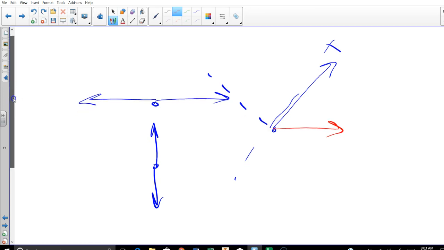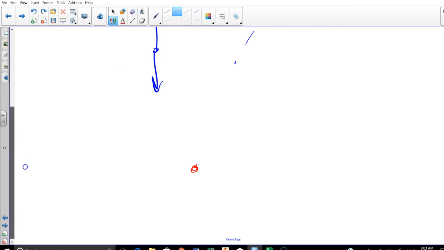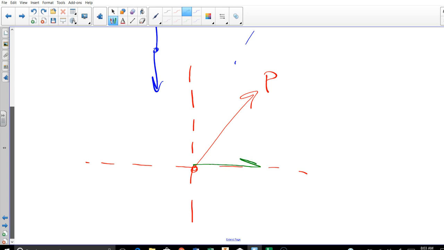So what we want to keep in mind is that if you have an object whose momentum vector is directed that way, because it's a vector, you're going to have to treat its x component and its y component completely separately from each other.